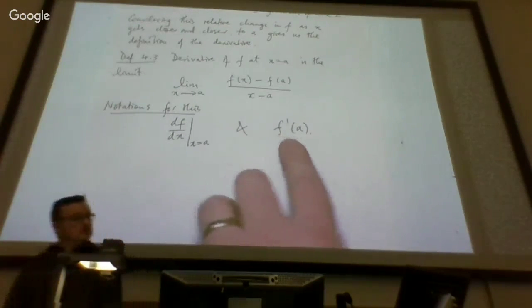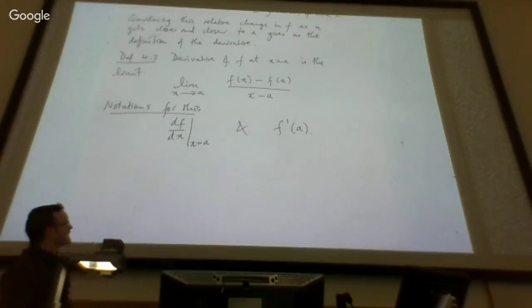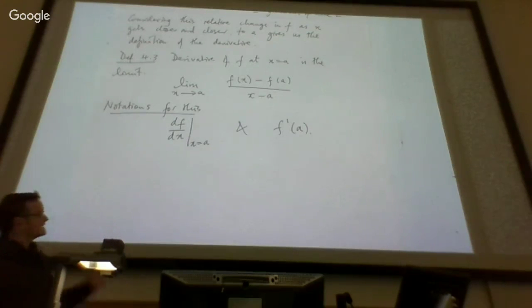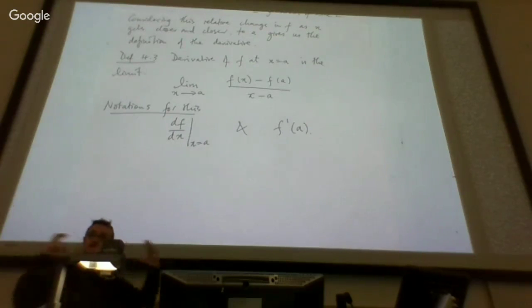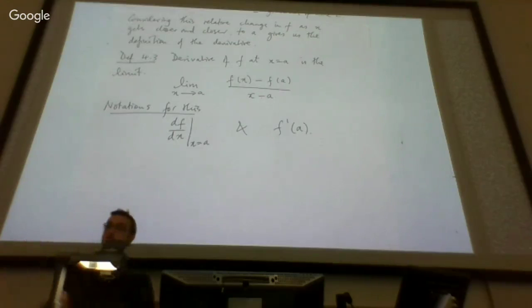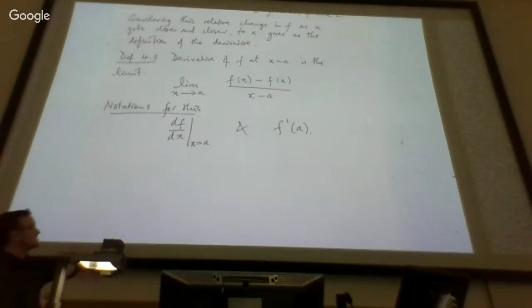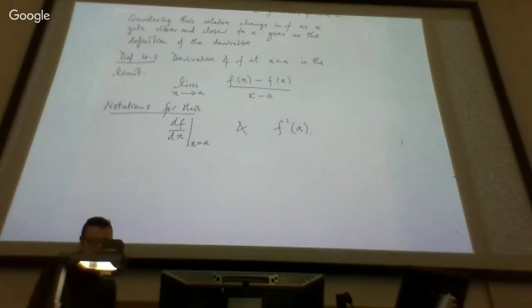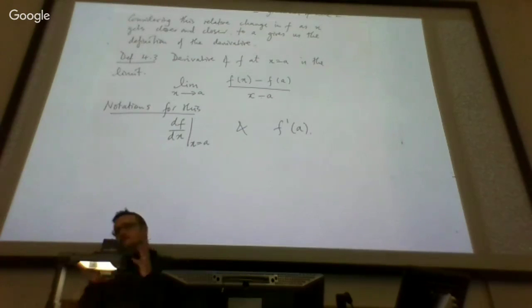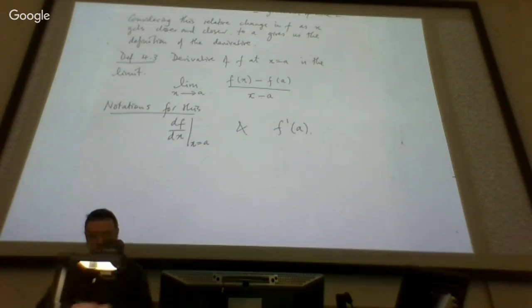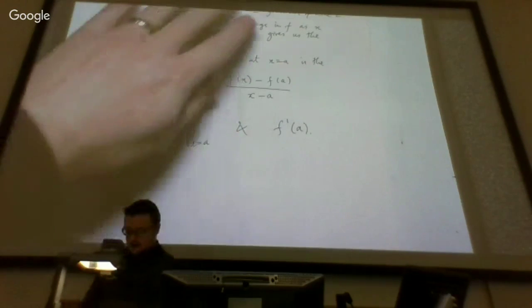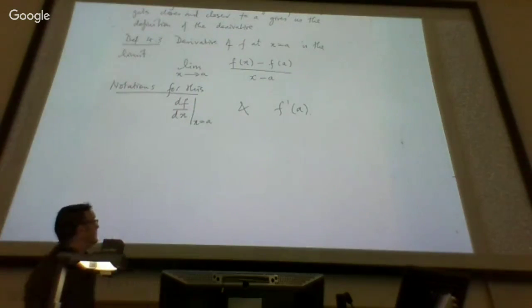Using the dash is obviously more compact and typically would have the same height as the surrounding text when you're writing out or typesetting mathematics, whereas this df dx, this kind of fractional thing, typically would come out taller in the line, so there are typesetting considerations if you're designing a book with mathematics in it and so on.